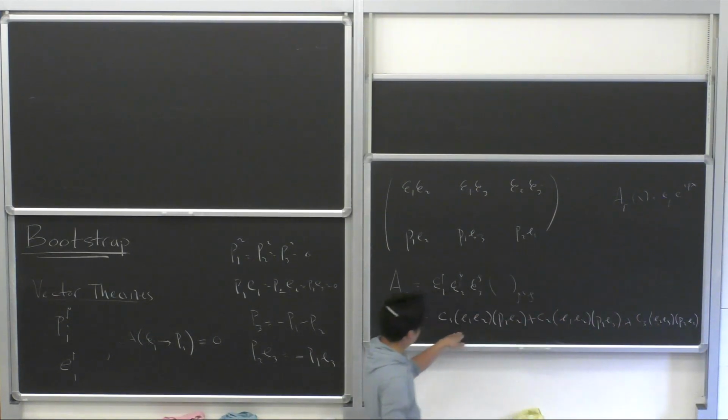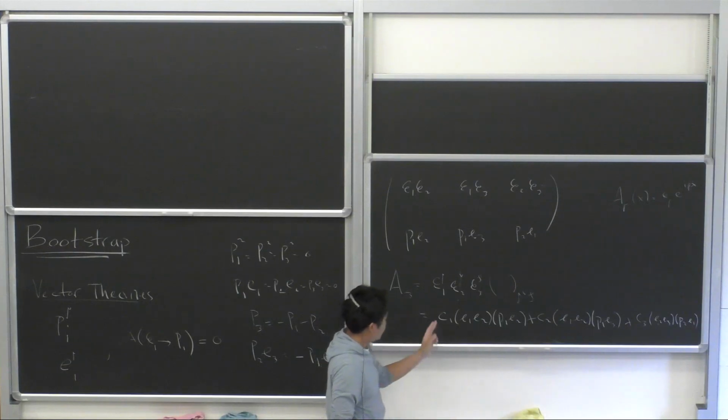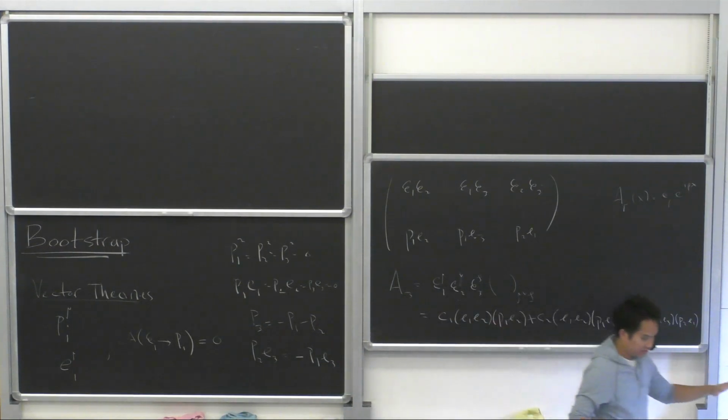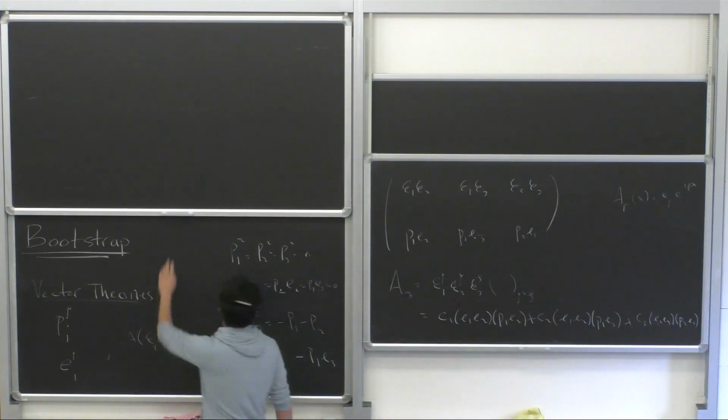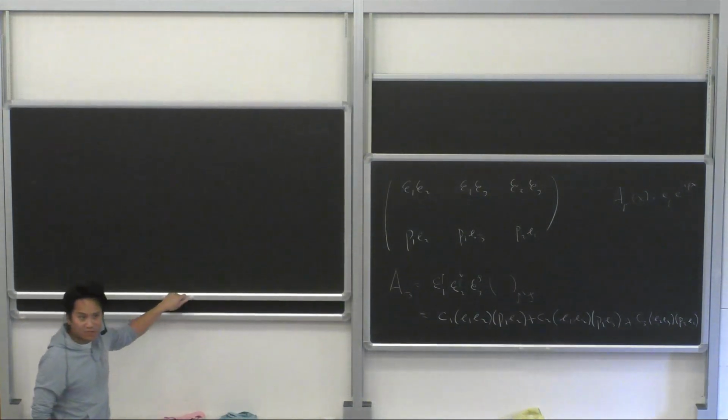Every object here is in this minimal basis set. C1, C2, C3 are just constants, literal numbers which are unfixed, and we're going to fix them by imposing the Ward identity. Any questions about that?